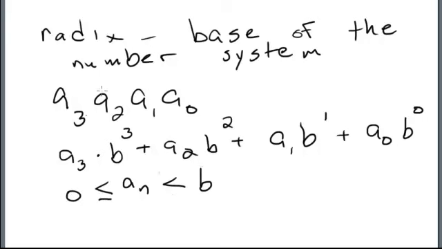If this is a decimal number, the B powers are 10 cubed, 10 squared: 1,000, 100, 10, 1. If this is binary, this is going to be 8, 4, 2, 1. All our standard algorithms of addition, multiplication and division depend on this representation.